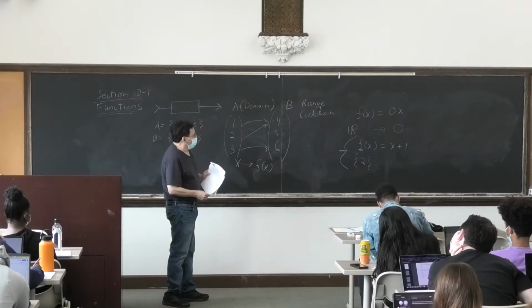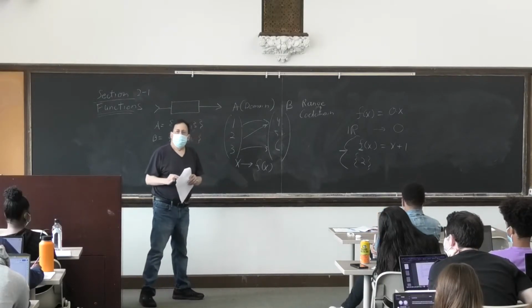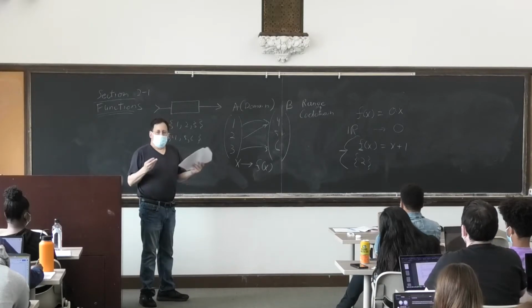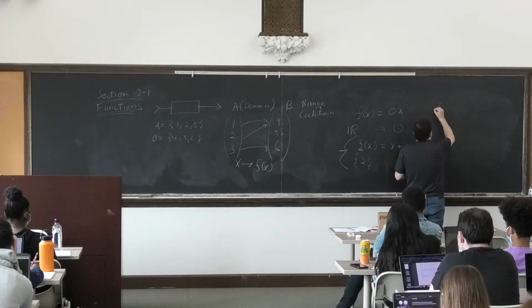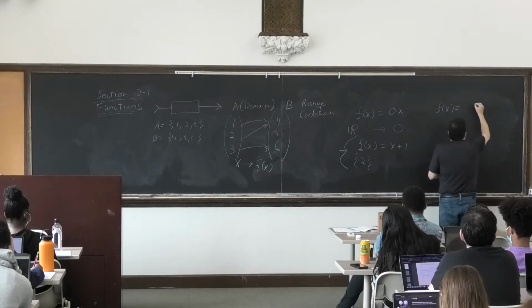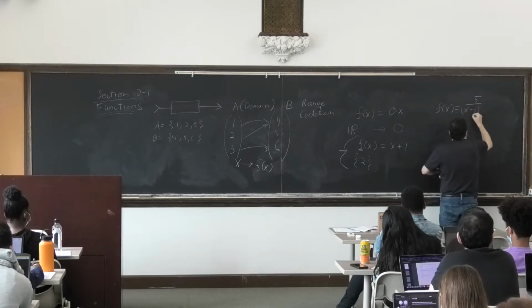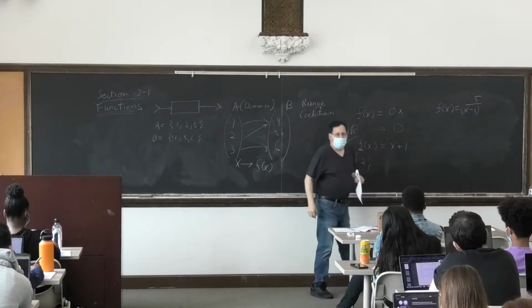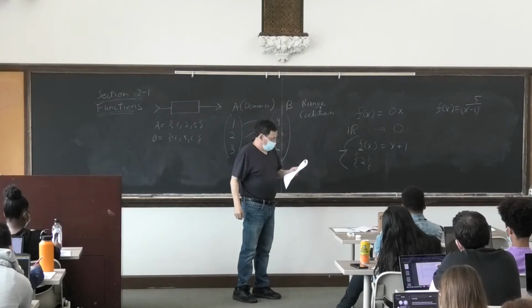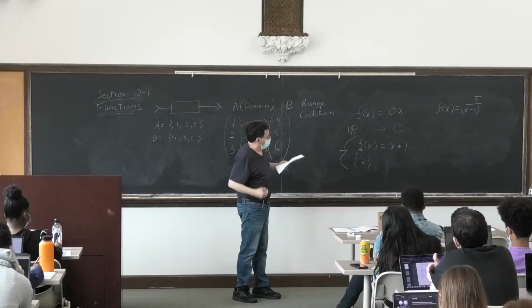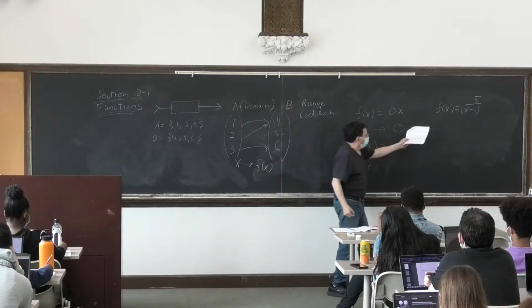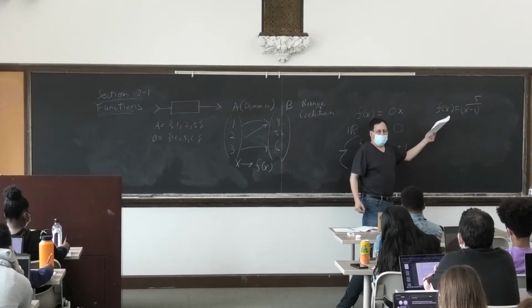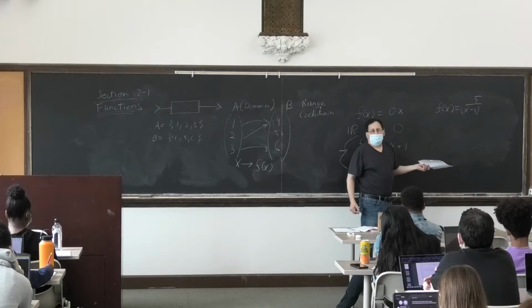It's very common in your previous lifetime, if you've dealt with functions, for a teacher to say, well, f of x equals 5 over x minus 1. What is the domain? And fight as I might for real mathematical rigor, this question makes no sense because it's not a function until it has a domain, right?